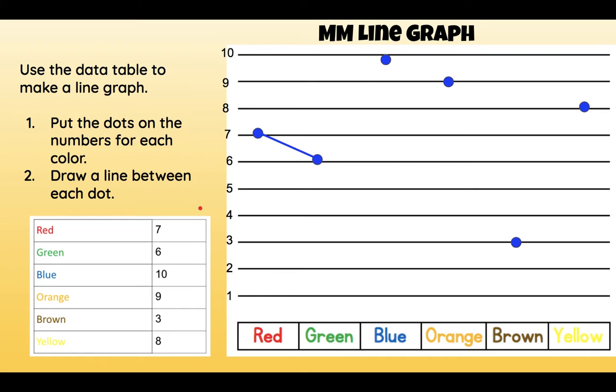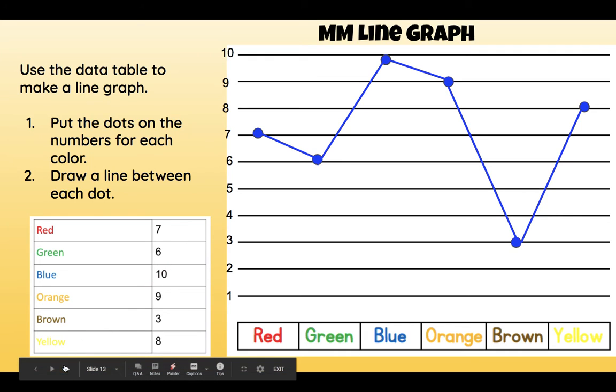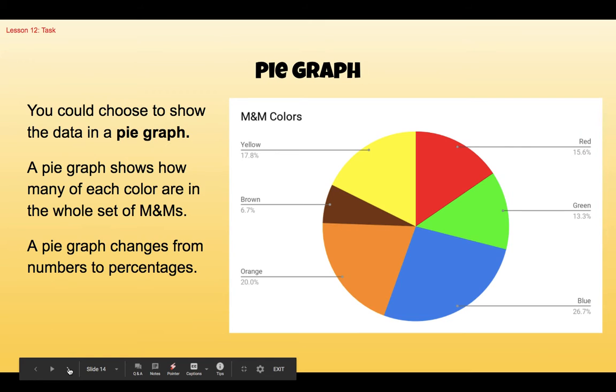And then from green to blue, blue to orange, orange to brown, and brown to yellow. So this graph is nice because you can see the huge difference between the amount of orange and the amount of brown we had. Okay, this is another type of graph you can use to put your data in.